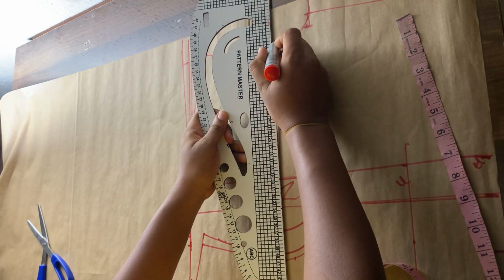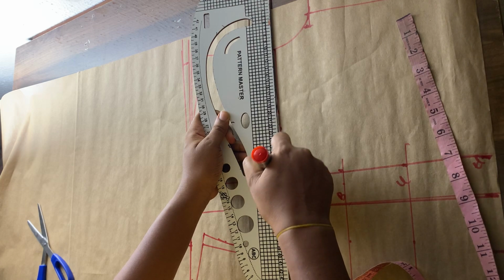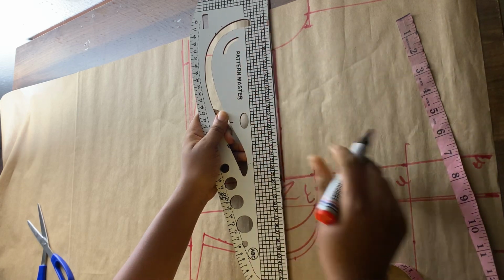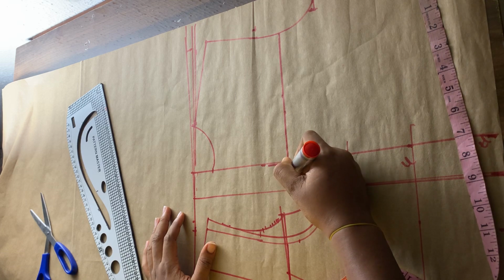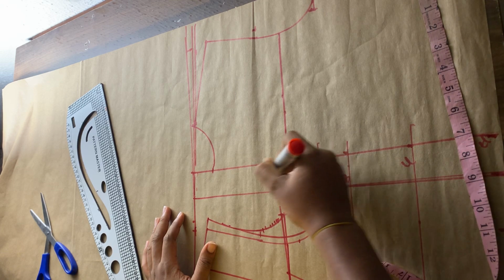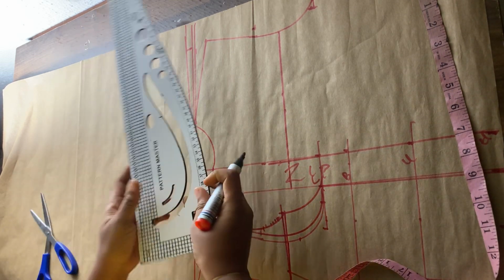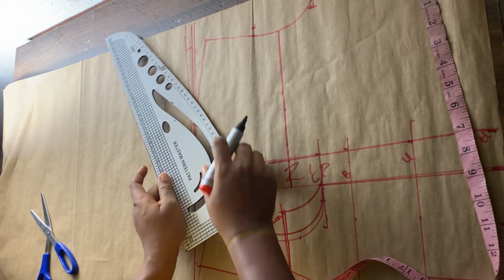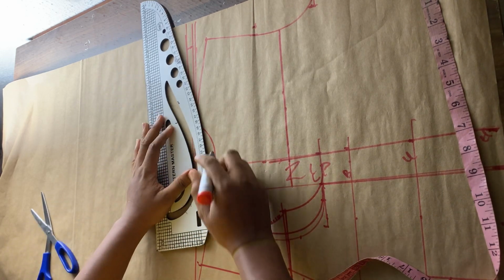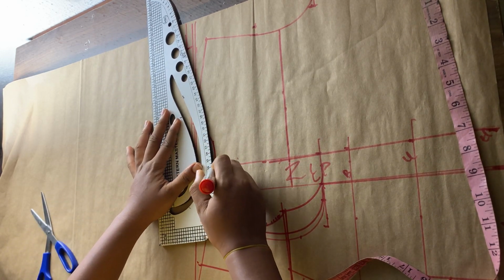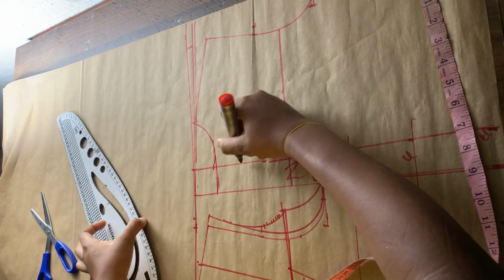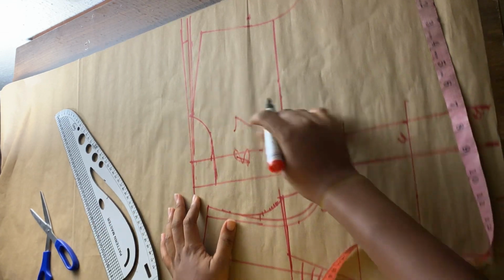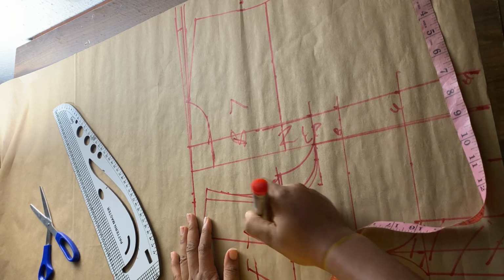I'm going to make a row across that point. Okay, so this is for my back yoke. So this is the back yoke and this is the front yoke.